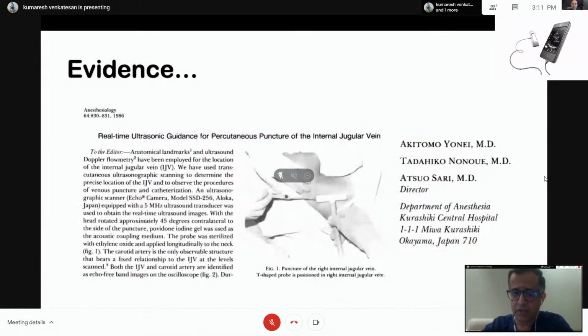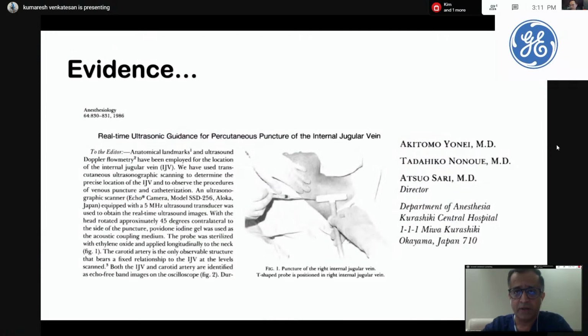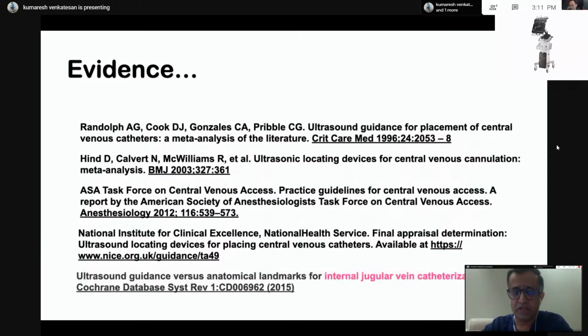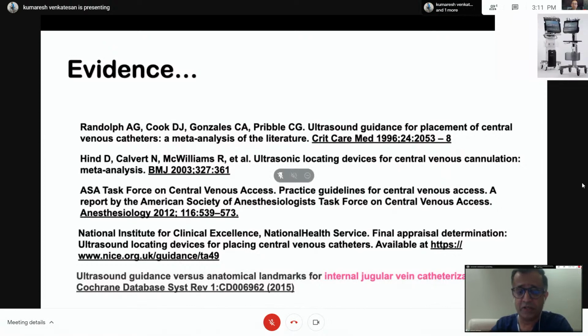Looking at the evidence, the first paper was published in 1986 from a group in Japan, where they presented a series of about 160 patients in whom they were able to successfully cannulate the internal jugular vein without any complication. It took another 10 years for the first meta-analysis to be published in Critical Care Medicine, and subsequently a lot of papers came out, all of which supported the use of ultrasound for vascular access, mainly for internal jugular venous cannulation.